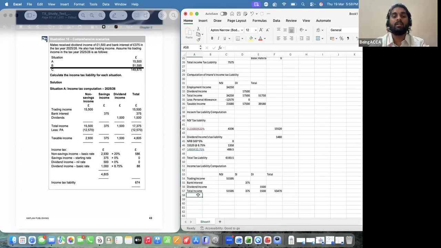From this, what do we deduct? We deduct the personal allowance. Personal allowance is 12,570 and the entire thing can be utilized by non-savings income.